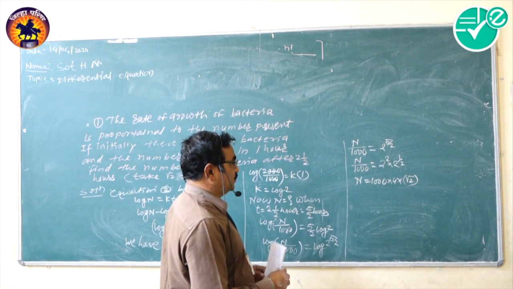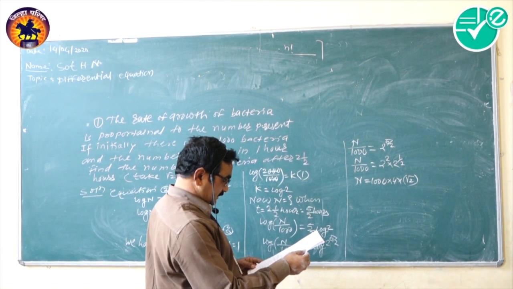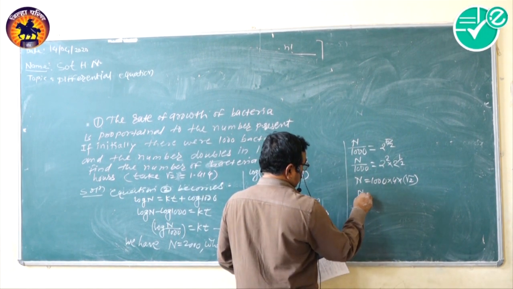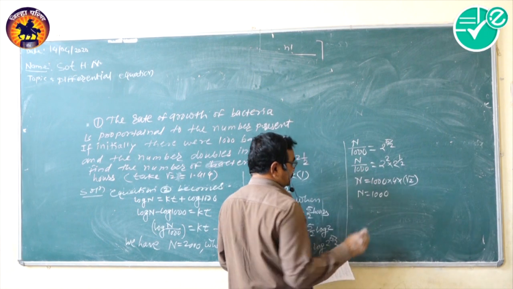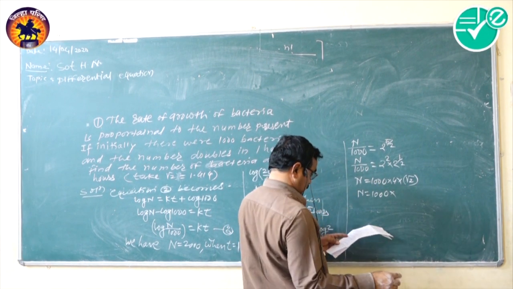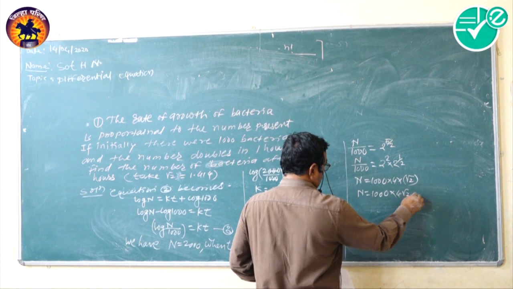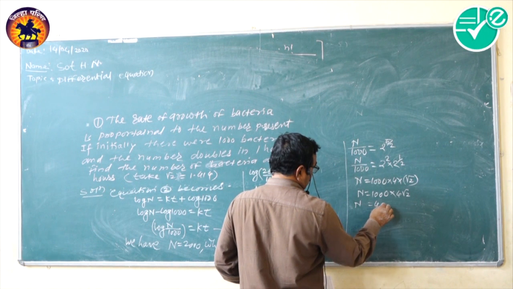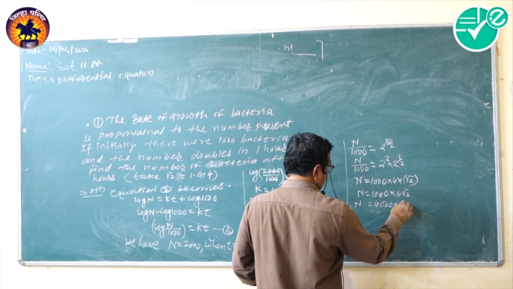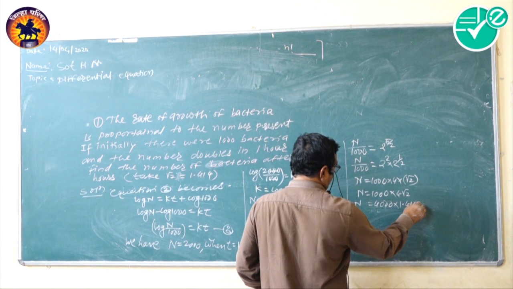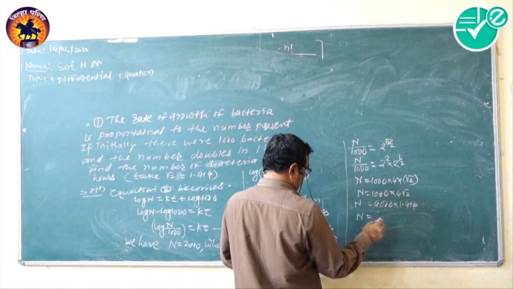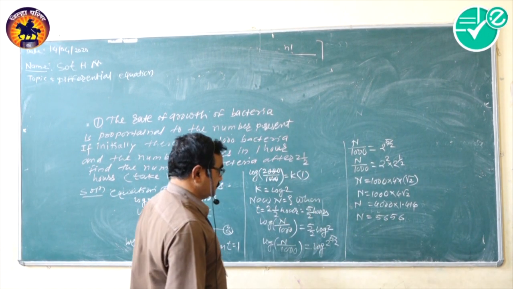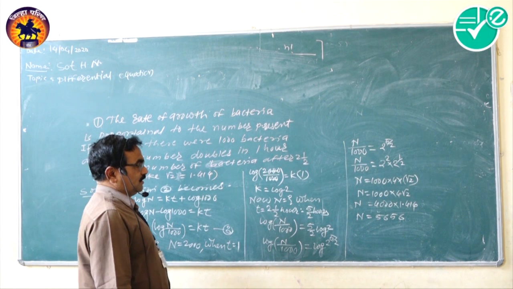We are given the value of root 2, so N equal to 4000 into 1.414, and this is N equal to 5656 bacteria present.